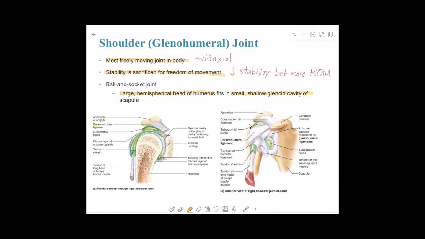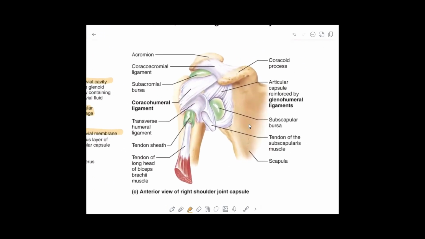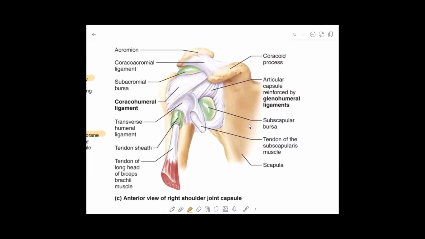We see a coracoacromial ligament. You don't have to name specific ligaments or bursa, but the bursa are basically sacs of synovial fluid, just like a tendon sheath is. We have a synovial membrane, articular cartilage, synovial cavity. So all the major hallmarks that we would expect of a synovial joint.